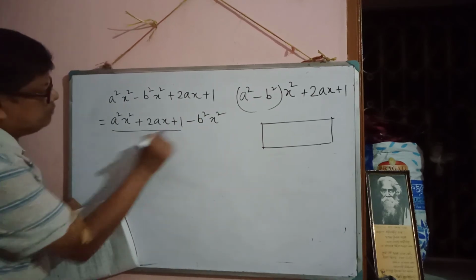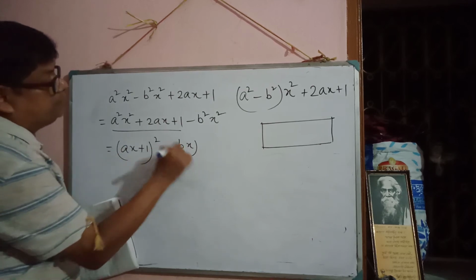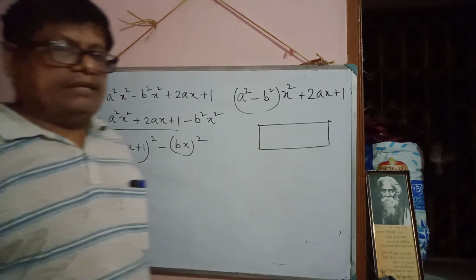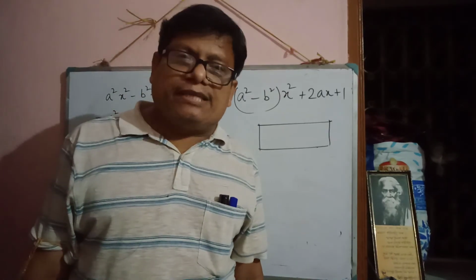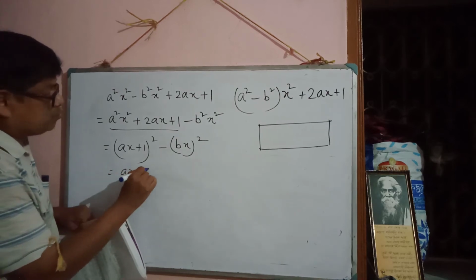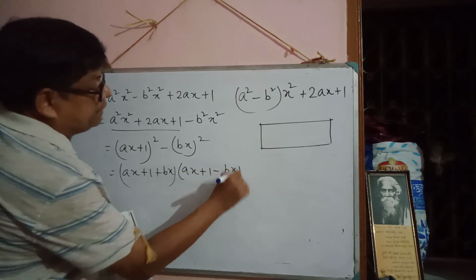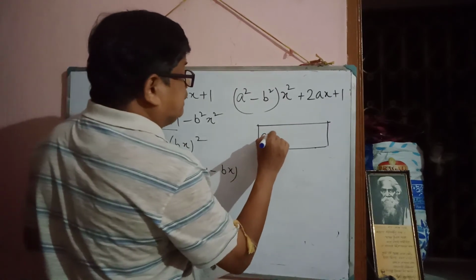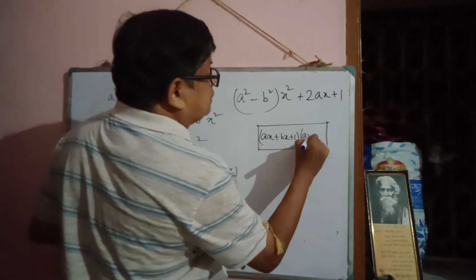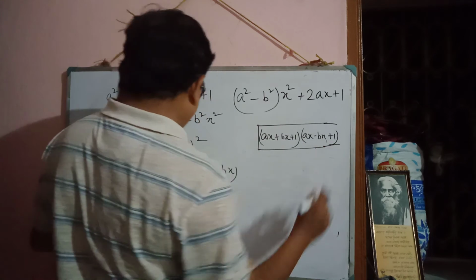This part we can write as ax plus 1 whole square minus bx whole square. All of you know the formula a square minus b square equals a plus b into a minus b. So write ax plus 1 plus bx into ax plus 1 minus bx. So your answer is ax plus bx plus 1 into ax minus bx plus 1.